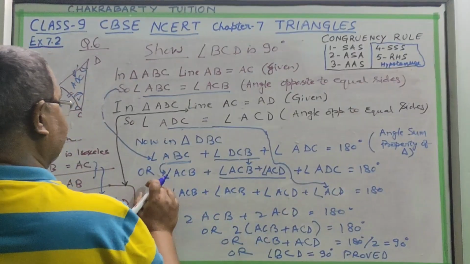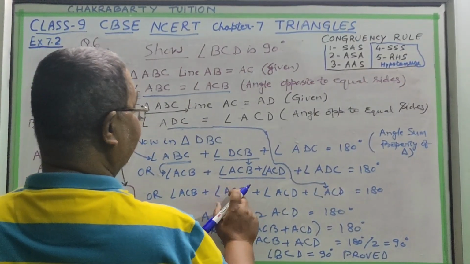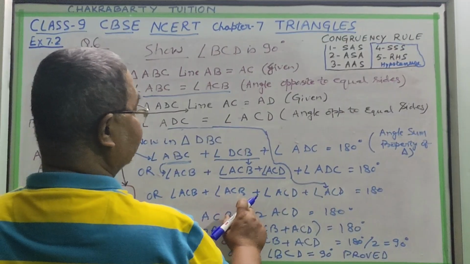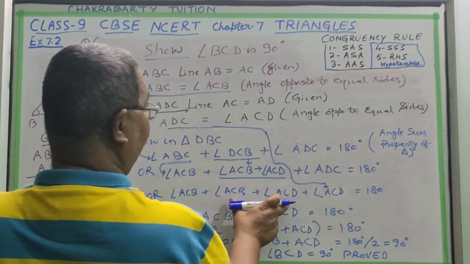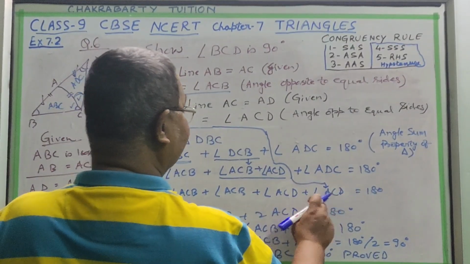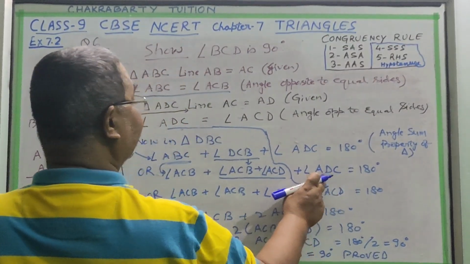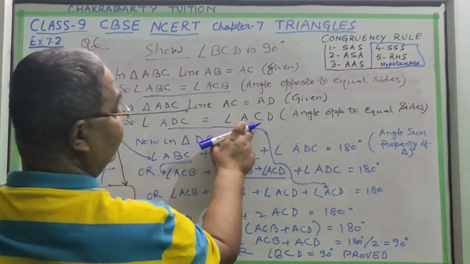Okay. Now ACB will remain as it is. ACD will remain the same because DCB is broken, so now there is no need to break it again. ADC we can write as ACD also. How can we write it? It is proved here, ADC is equal to ACD.